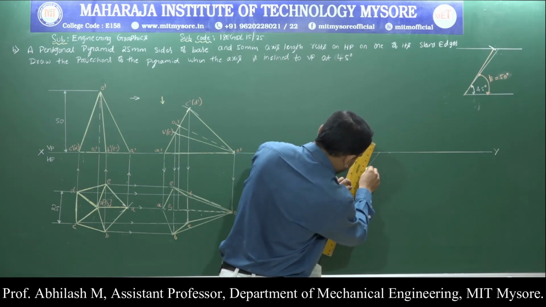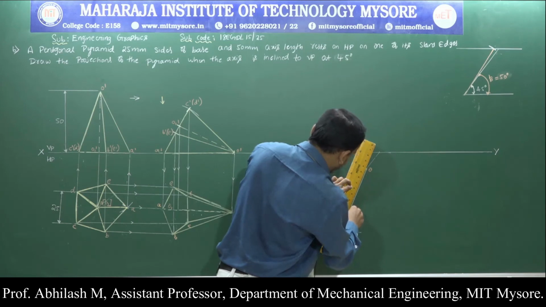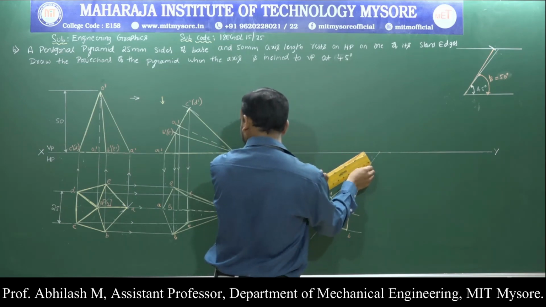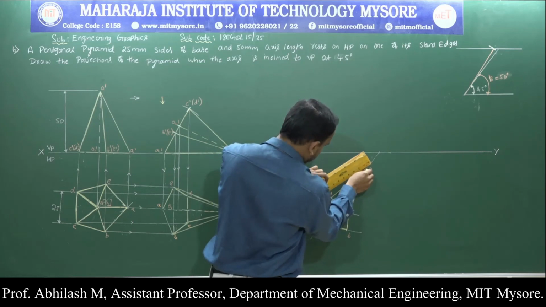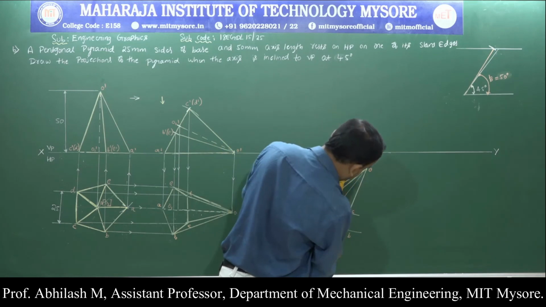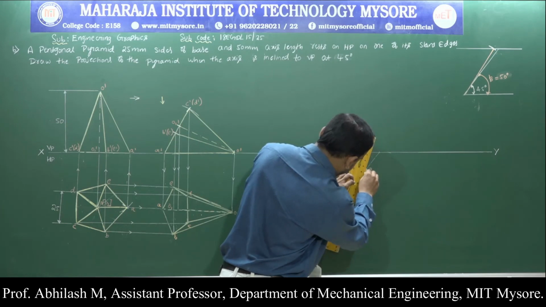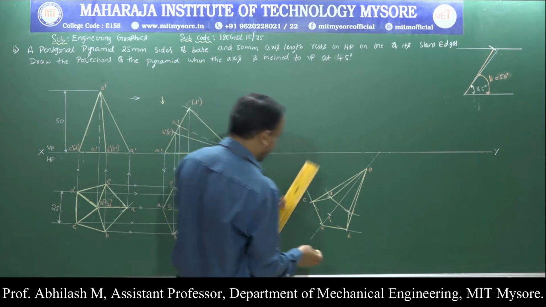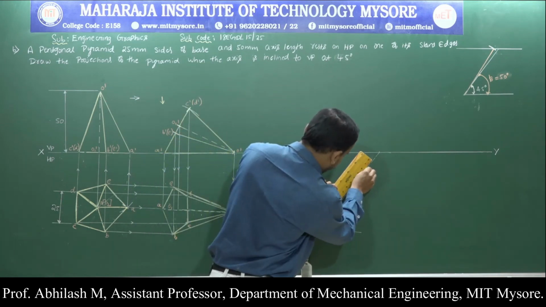Similarly, C to D is a thick line. Again from point E also it is completely visible. Again from point B, which is the outer boundary, and I have a thin line from O to A.